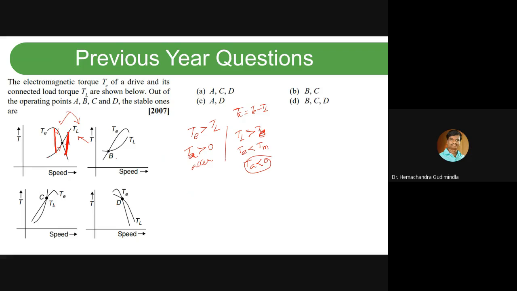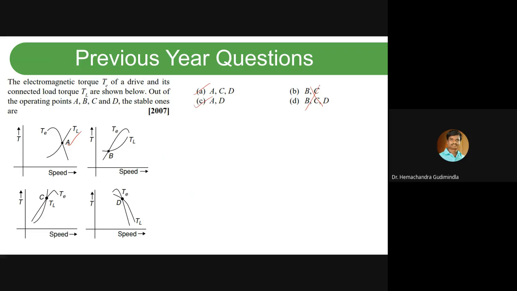Acceleration is along this path, deceleration means opposite to that, so this path. Now what will happen? It will reach point A. So we can say that A is stable. If A is stable, we can ignore this, either A or C.